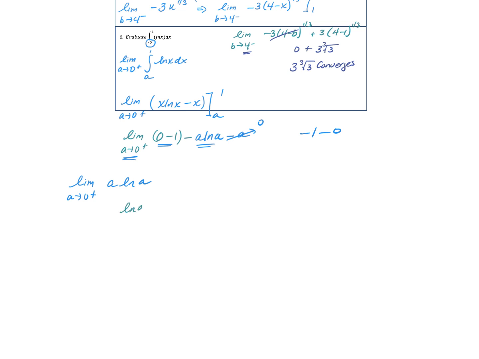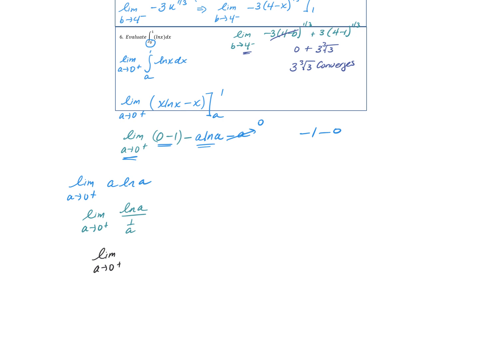So ln of a over 1 over a. Let's check that to make sure that that works. So this would be infinity over infinity. So this does work. So I'm going to do L'Hopital, limit as a goes to 0 from the right.